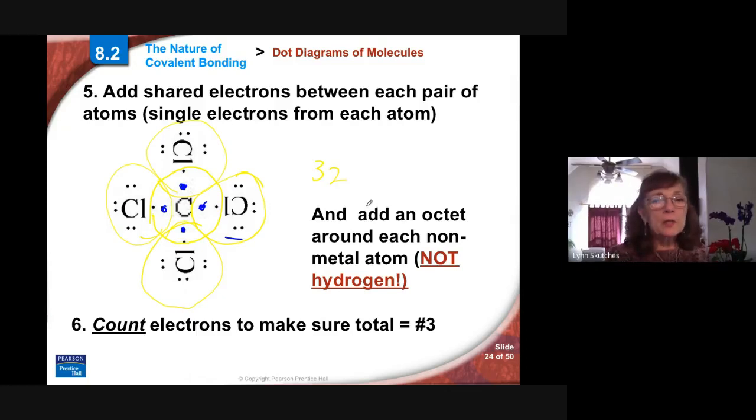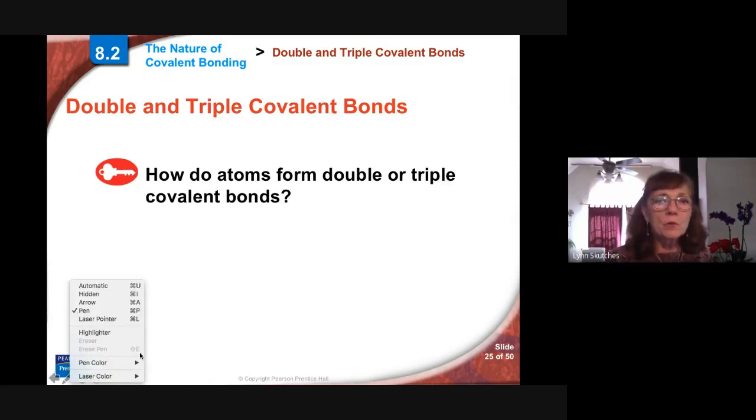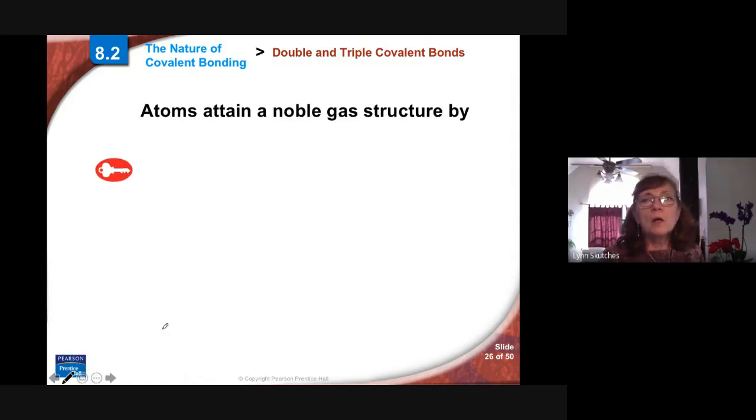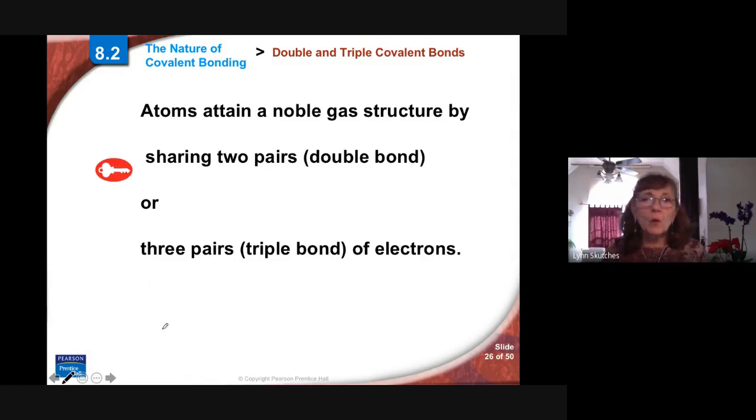And hopefully that won't be too difficult for you to do. I'm going to talk to you about double and triple bonds, and then I'll show you your assignment. Another way that atoms can bond more than once, so they have 2 or 3 or 4 unpaired valence electrons, is with either double bonds or triple bonds.